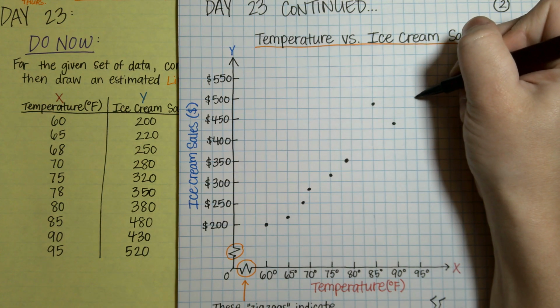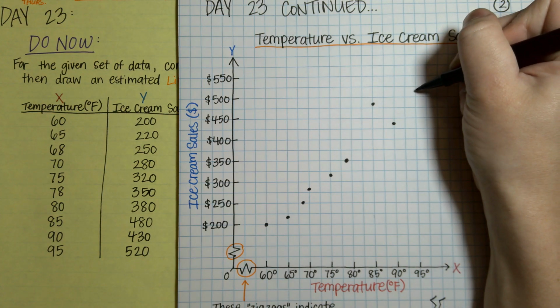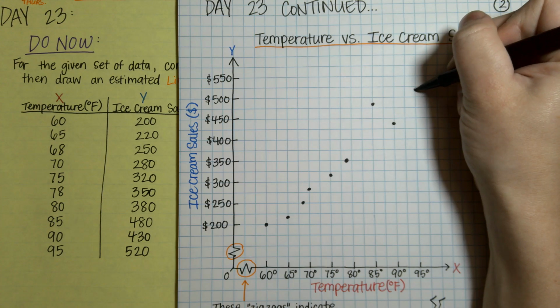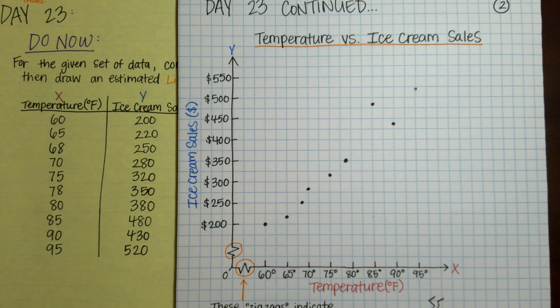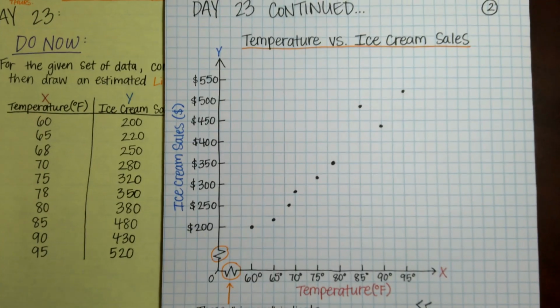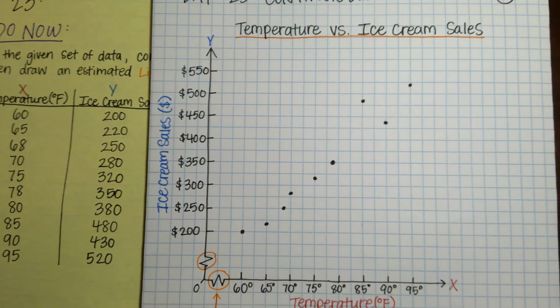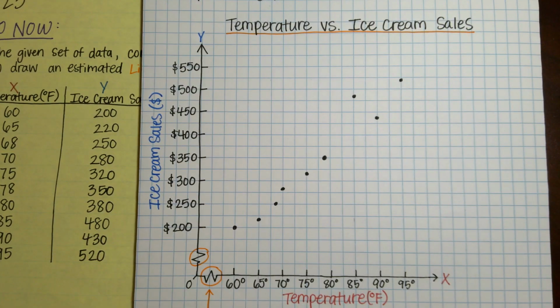There's 500, 525, a little below. About right there. All right, does everybody's scatter plot look a little bit like this so far? Good, yeah, give or take. It might not look exact, but it should be somewhat in the same area. Okay, so we have made a scatter plot.